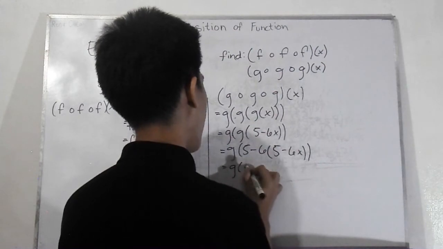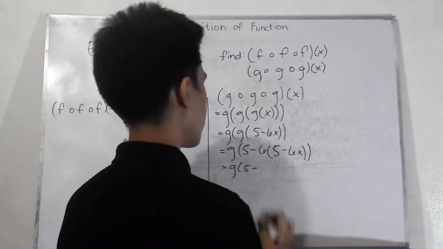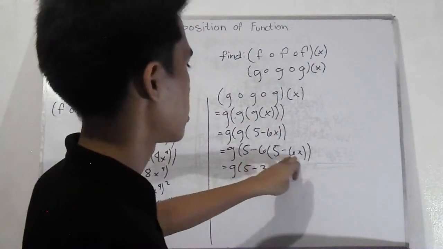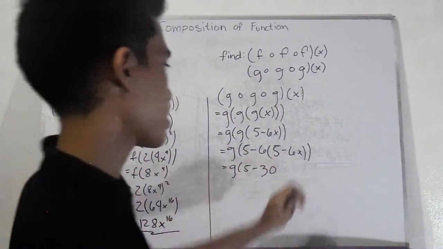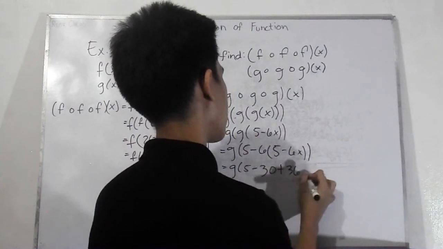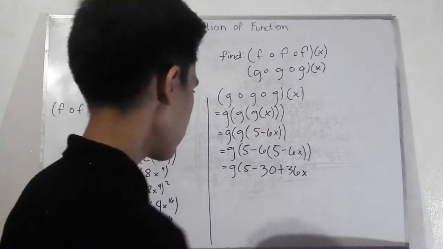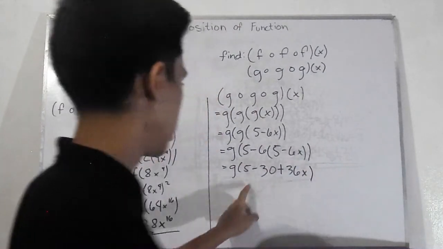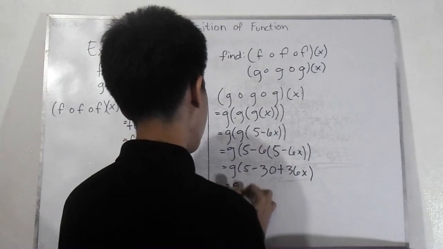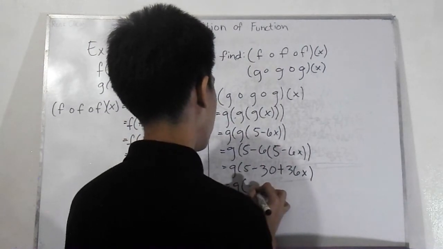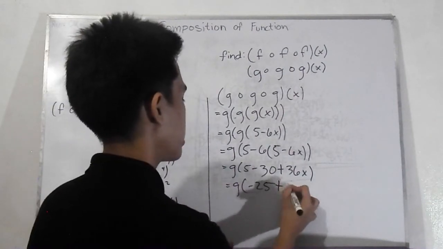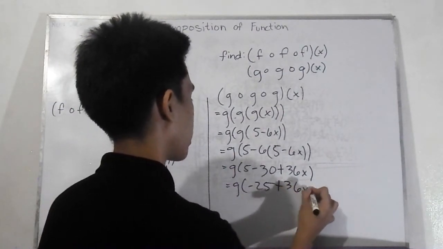g of 5 minus 30. Negative 6 times negative 6x is positive 36x. So 5 minus 30 is negative 25 plus 36x.